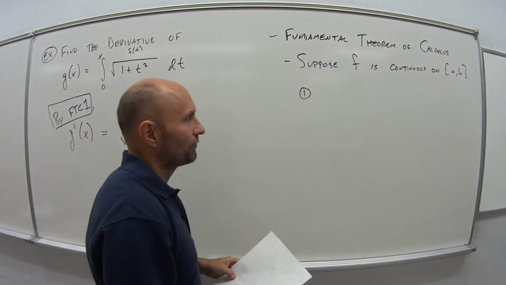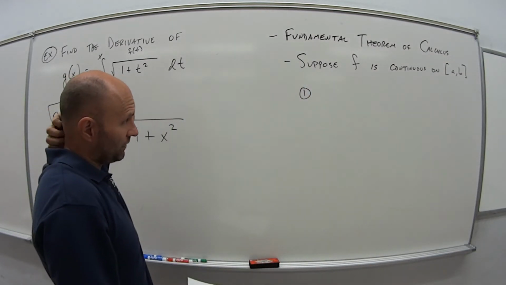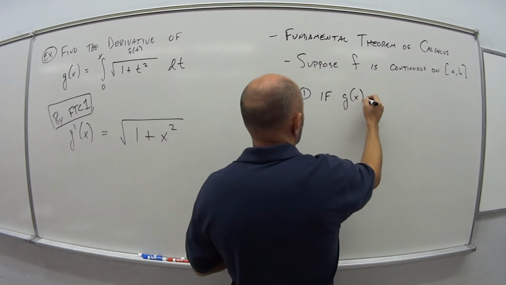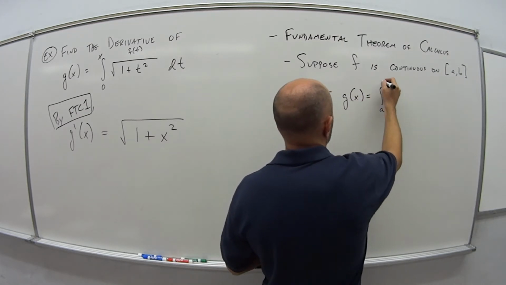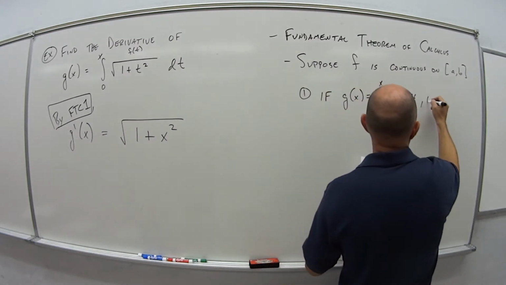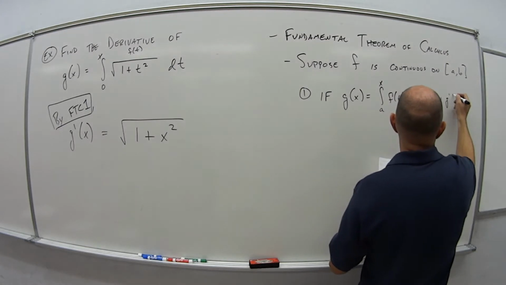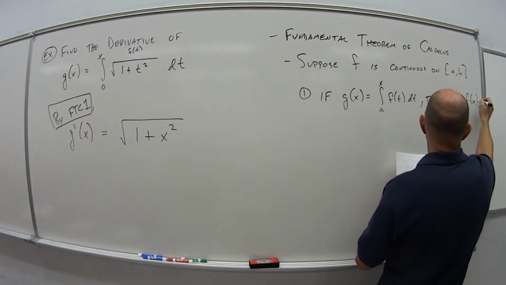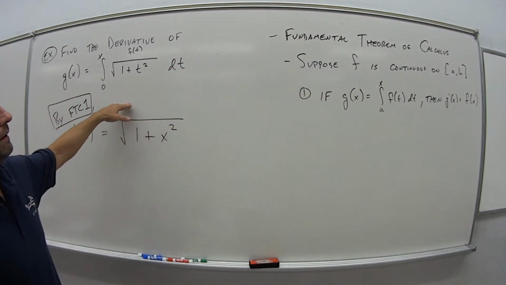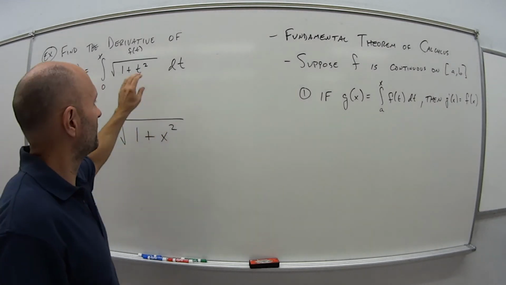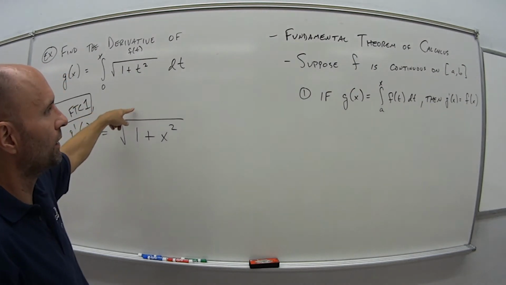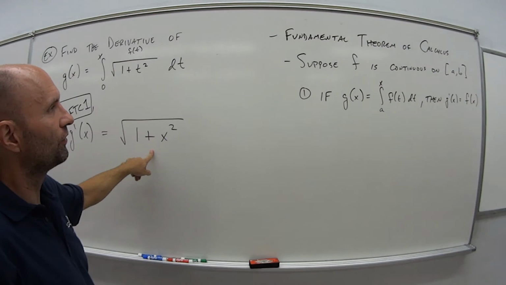Then we have two different parts that we can use to our advantage. The first one is part 1, which we just had: if g of x is the integral from a to x of f of t dt, then g prime of x is just f of x. That's the example we saw right here. You can state it as by the fundamental theorem of calculus, or, if you want to get specific, by fundamental theorem of calculus part 1.